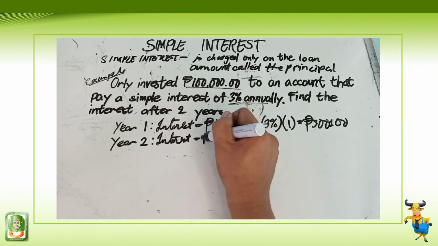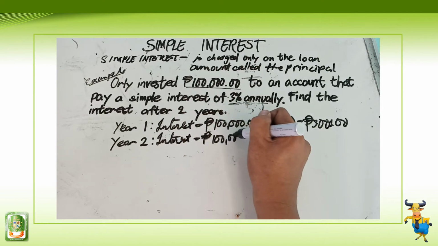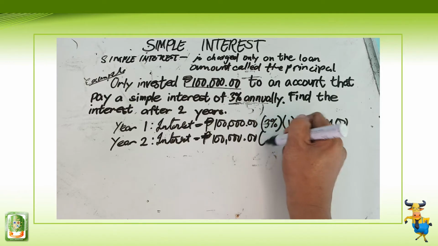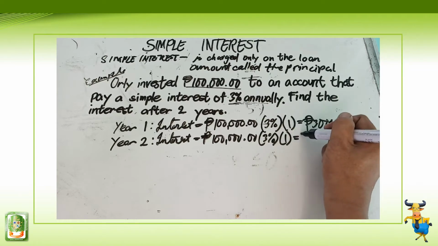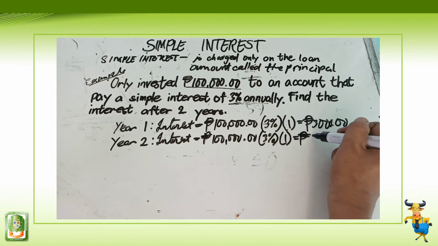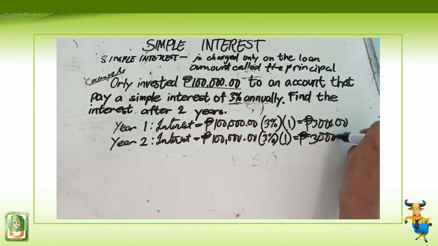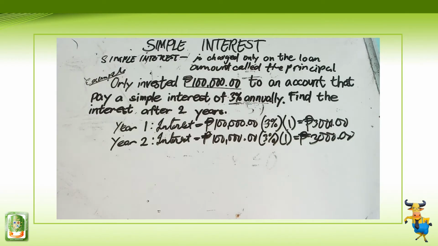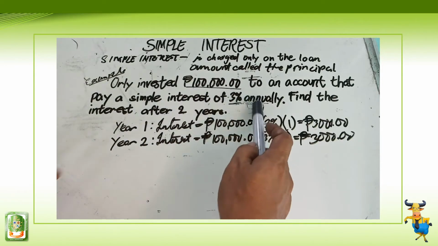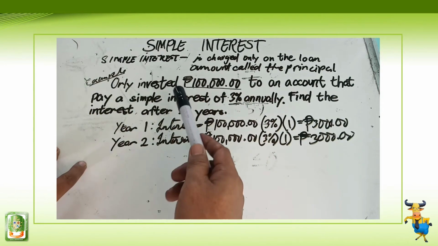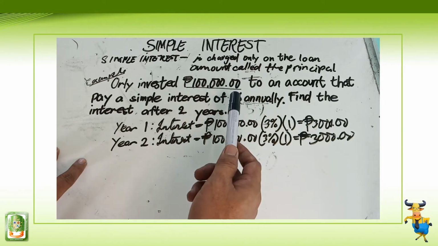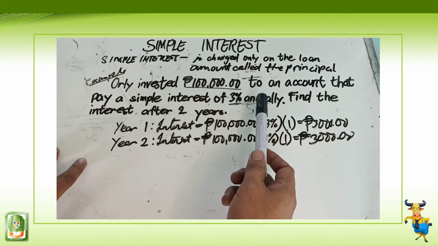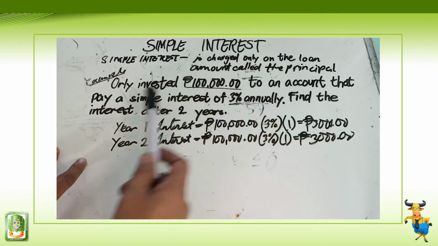So, kung sa year 2, kasi nga, 2 taon, so the interest is equal to 100,000 times 3% times 1 is equal to what? 3,000. So, dito, sa 2 taon na ito, na ininvest ni Early na 100,000 sa 3% annually, find the interest.